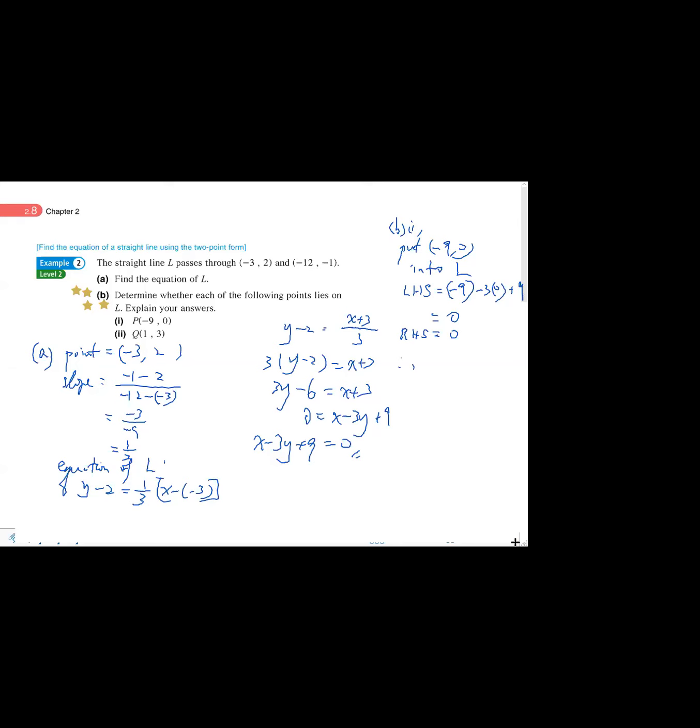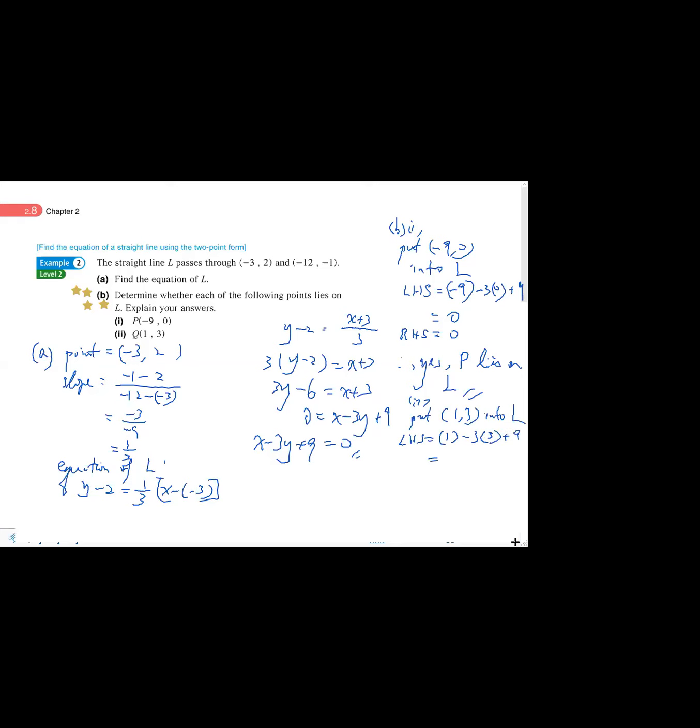Therefore, we say yes. Okay, yes. The point P lies on the straight line L. That is the answer. In part two, I need to do the same thing to point Q. I want to check whether point Q is on line L or not. Okay, so I put the coordinates of point Q into the equation of L. And then the left-hand side, after putting the values into x and y, we have 1 minus 3 times 3 plus 9.